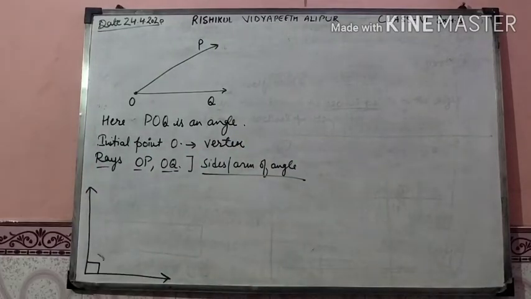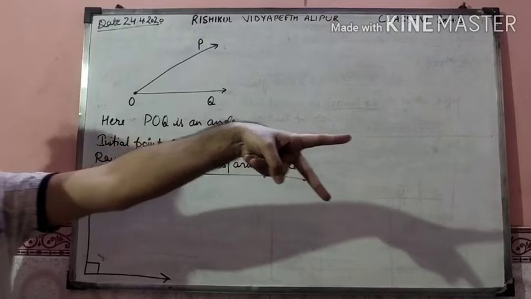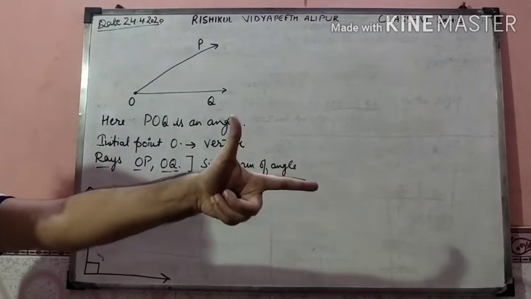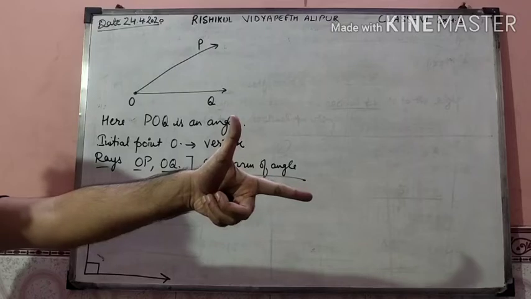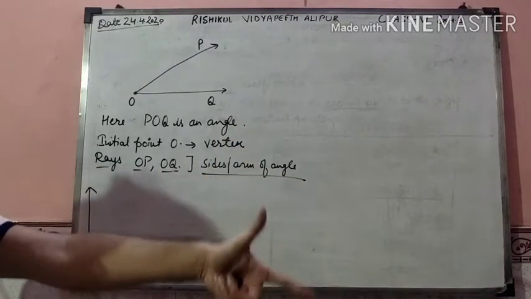The point where the two rays meet. This is an example of an angle. This is also an example of an angle. There are a lot of examples of angles in our day-to-day life.